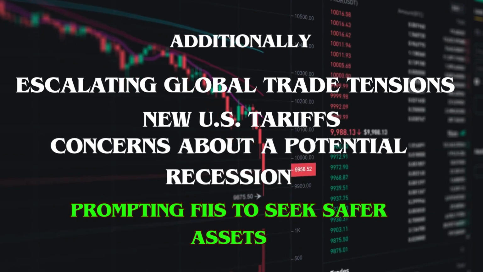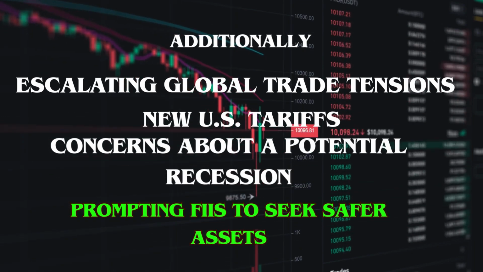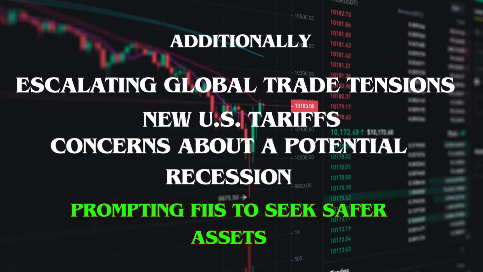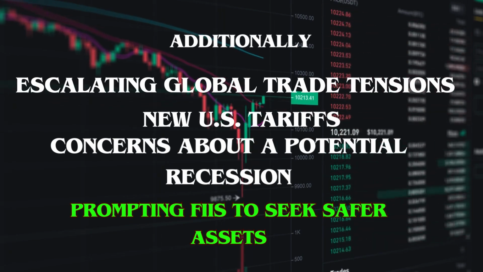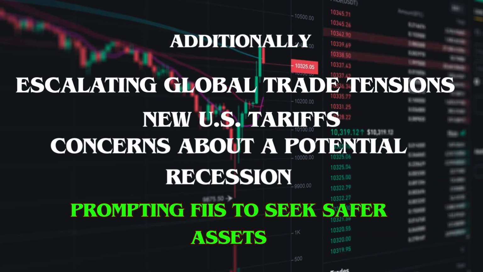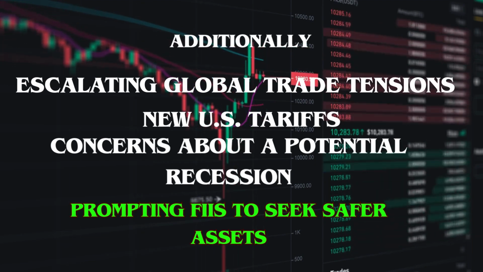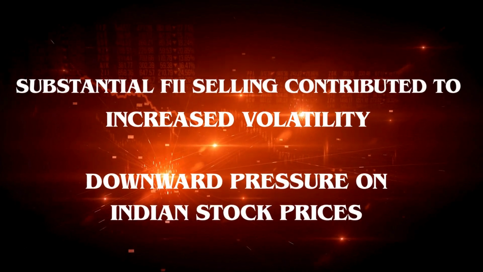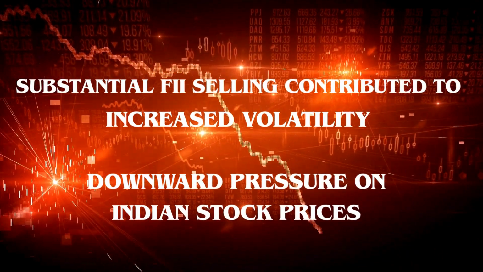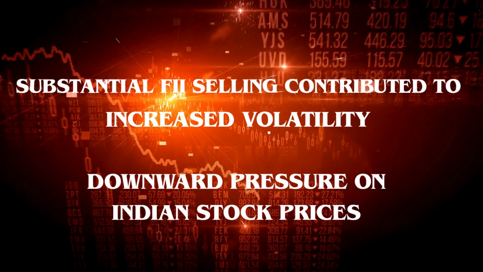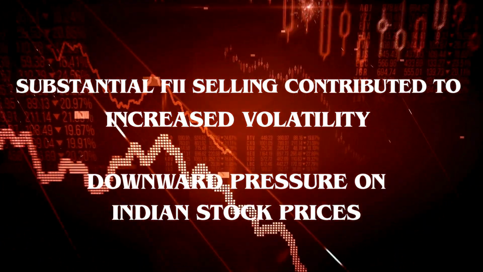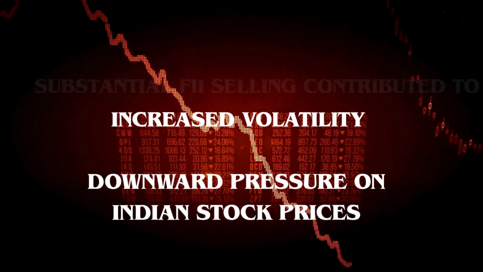Additionally, escalating global trade tensions, including new US tariffs, heightened concern about a potential recession, prompting FIIs to seek safer assets. This substantial FII selling contributed to increased volatility and downward pressure on Indian stock prices.